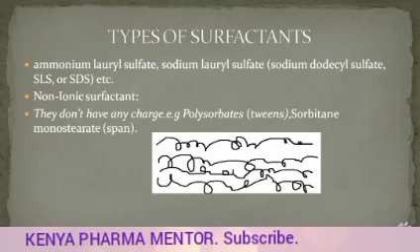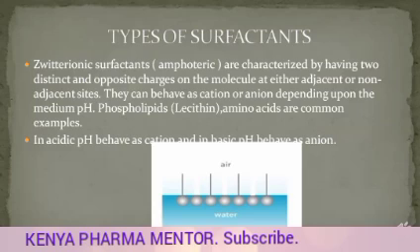The generic name is polysorbate, but the company name is Tween. Another example is sorbitan monostearate, which is given the name Span. So Tween and Span are surfactants; the generic of Tween is polysorbate, and the generic of Span is sorbitan monostearate.